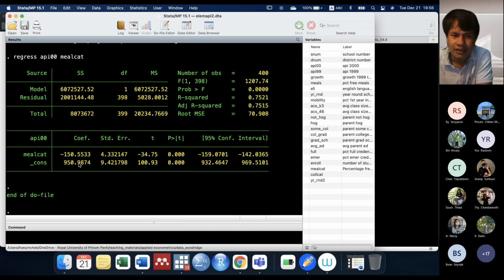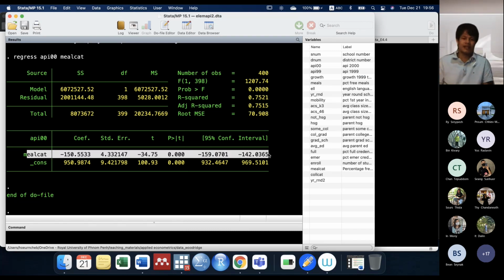Have you obtained the result? The question is, if you obtain this result, how do you interpret it? If meerkat increases by 1 unit, how much does it affect Y? No, because meerkat here is categorical information.